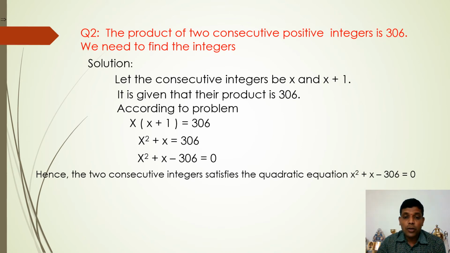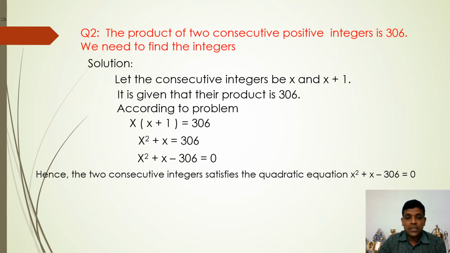So according to the problem, x into x plus 1, the product of consecutive integers, is equal to 306. Now product of x and x plus 1: x into x, x square, and x into plus 1, x, is equal to 306. x square plus x on the LHS, 306 on the RHS.